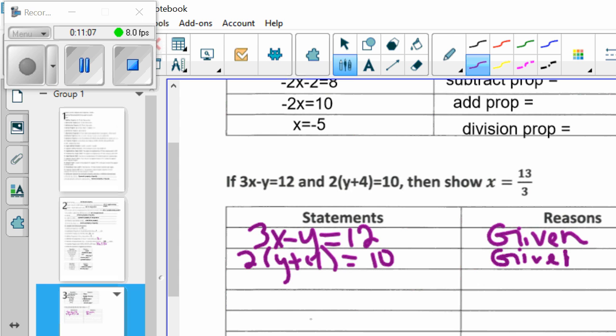They want me to solve or show that x equals 13/3. So that top equation, the first one they gave me, had an x and a y in it. I need to first find out what y is, so then I can substitute that in. So I'm going to work with the second equation. I'm going to distribute my 2, so I'm going to get 2y plus 8 equals 10. My reason, distributive property.